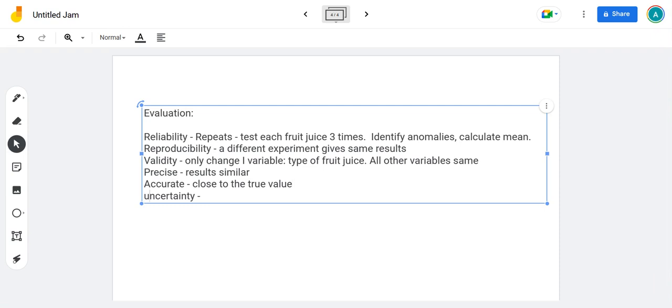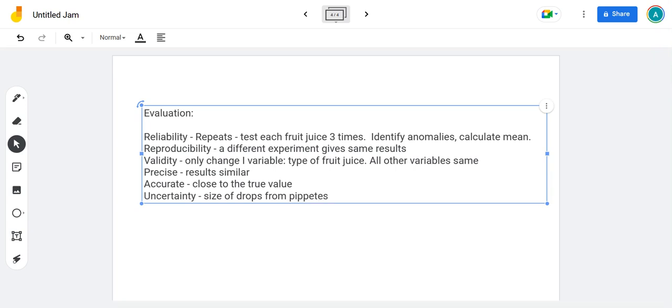The next one is the uncertainty of our results. That's to do with the sensitivity of our measuring apparatus. So this time, really, that's due to how large our drops are. So it's to do with our pipettes. That's to do with the size of the drops from the pipette, because our measurement was number of drops.